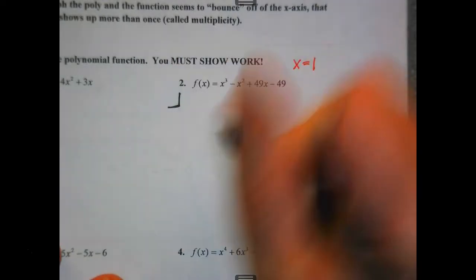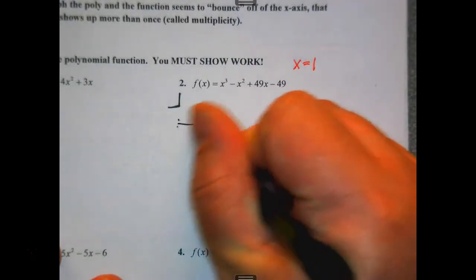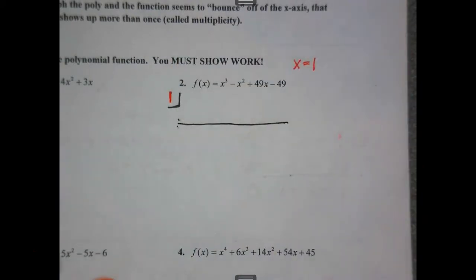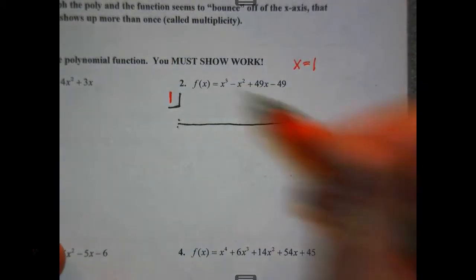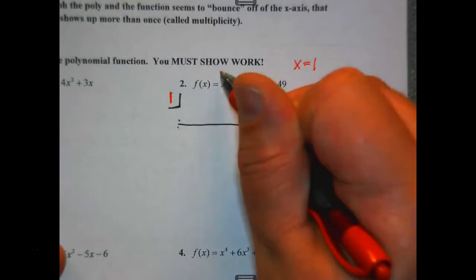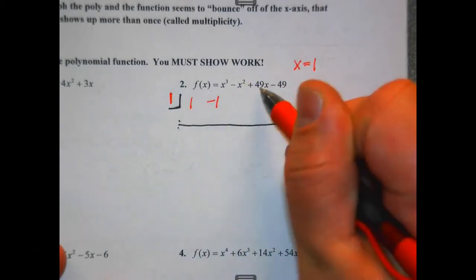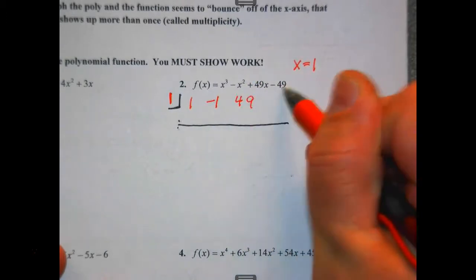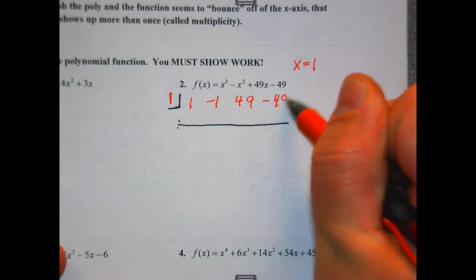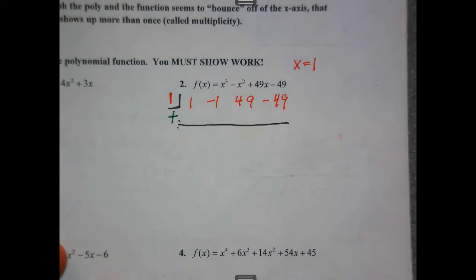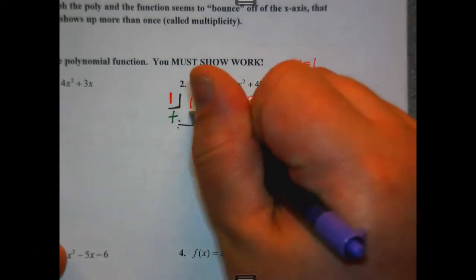That means I need a backward cell and a summation line. My zero or divisor is 1. What are the coefficients of my polynomial? 1, negative 1, 49, and negative 49. Remember, I'm going to add these together. Bring down the 1.